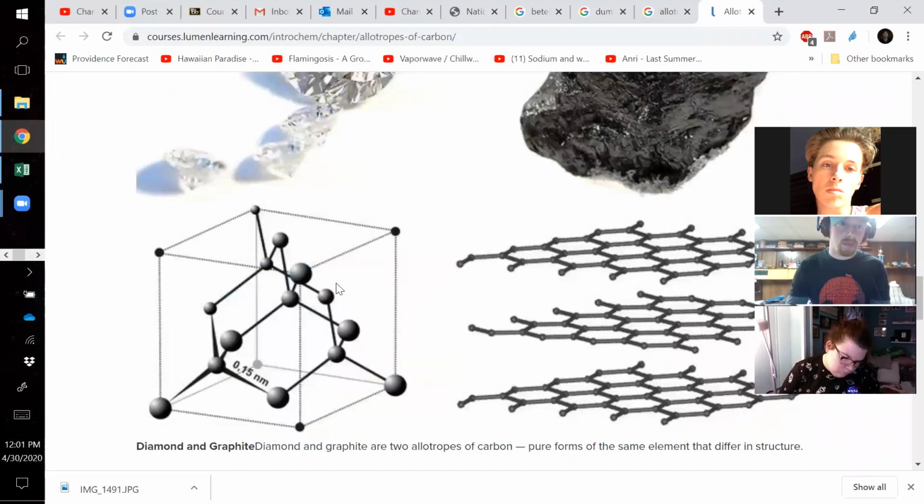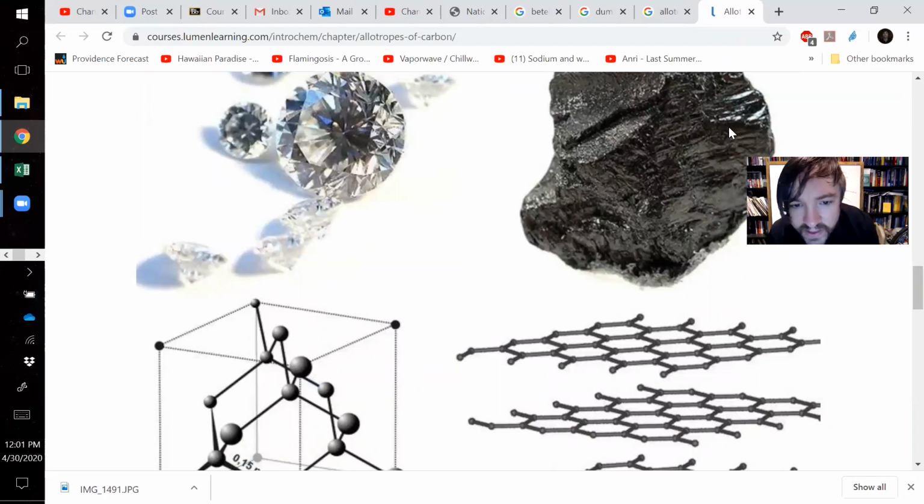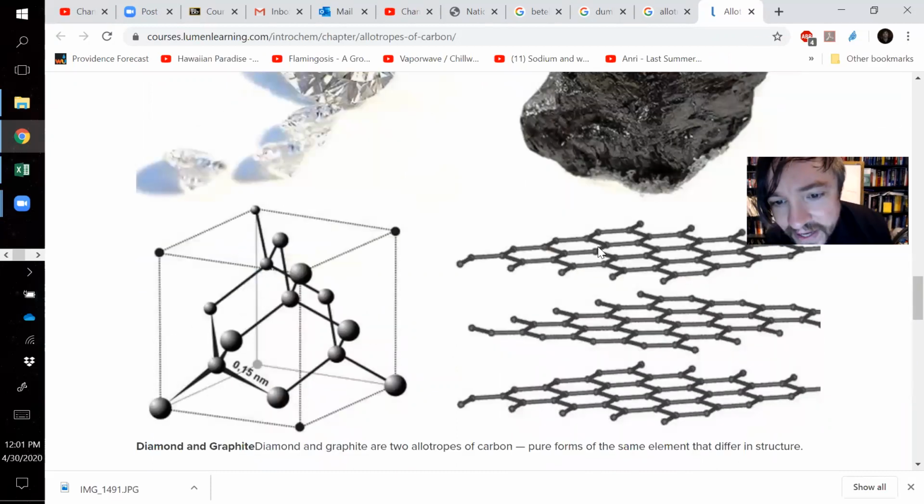A nice side-by-side comparison of diamond and graphite. And you guys will remember that the difference between these two allotropes, they're both pure carbon, is in the arrangement of the lattice structure of the carbon atoms. Graphite forms itself into these sort of hexagonal rings and sheets, whereas diamond has a more tetrahedral shape.